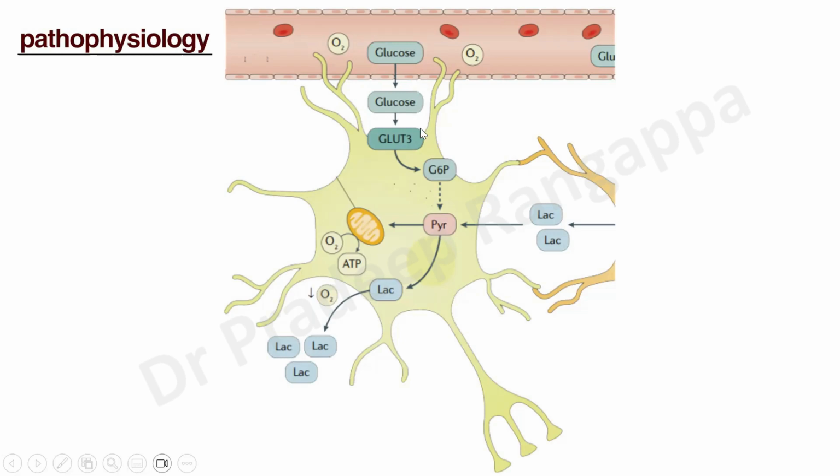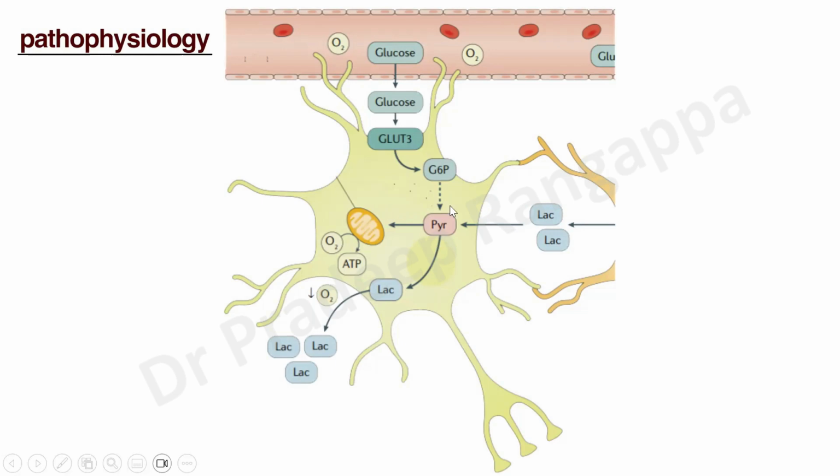So there is a disruption of this. Glucose is transported from the capillary to the neurons by glucose transporter 3, and this leads to the production of pyruvate. And this pyruvate, as most listeners would know, will help the mitochondria to produce energy within the cells, which is ATP.